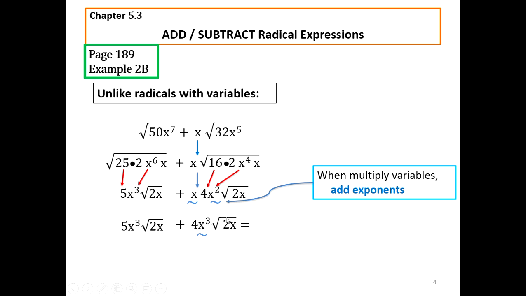And it's still times the radical 2x. Now let's take a look. We have the same square index. We have the same radicand. So therefore we can add the coefficients in front, 5x cubed and 4x cubed, which is 9x cubed, square root of 2.